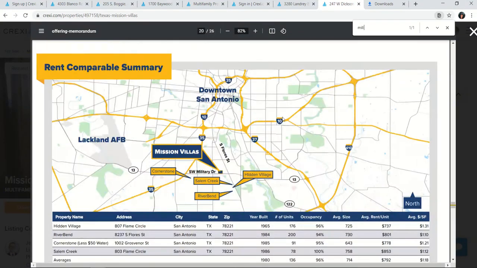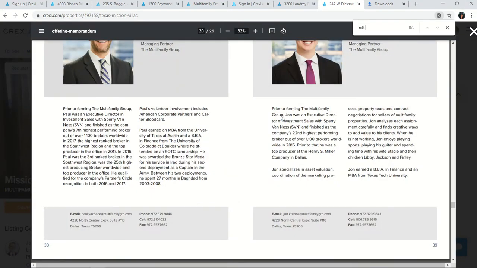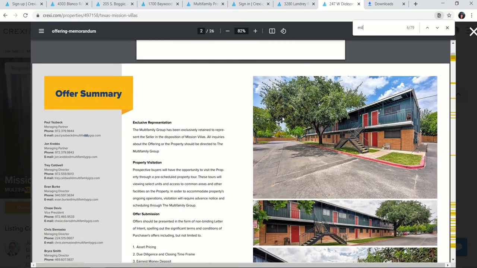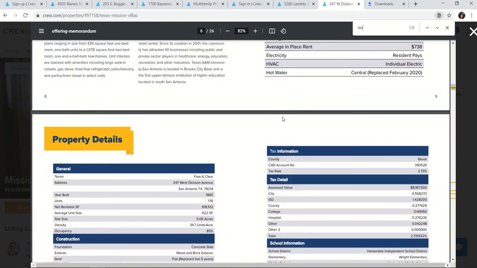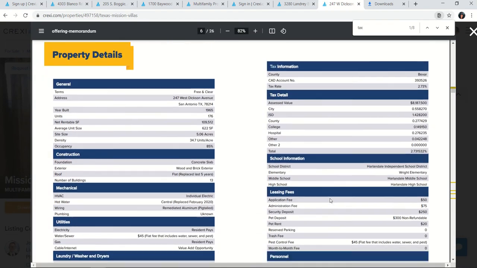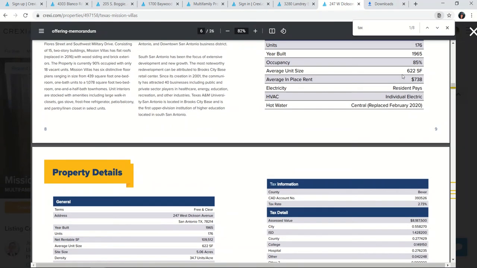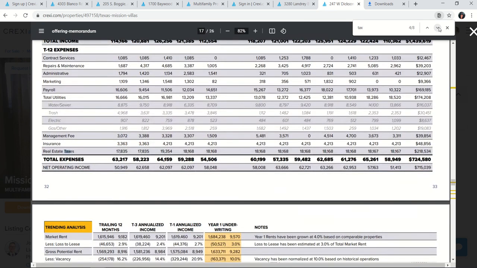Control F and then just type in mill rate. And not milk. $2.73 is the tax rate.